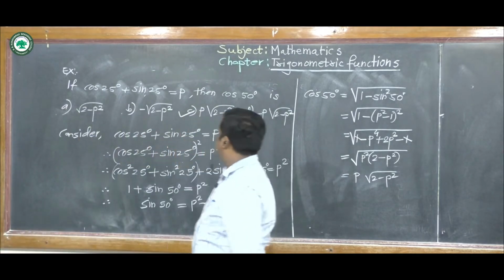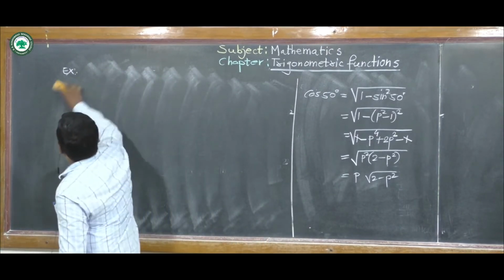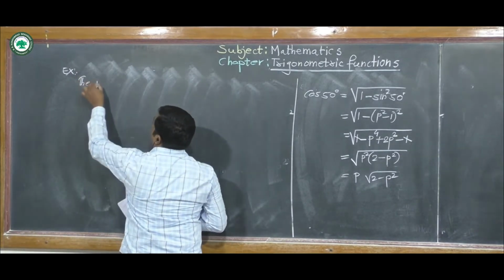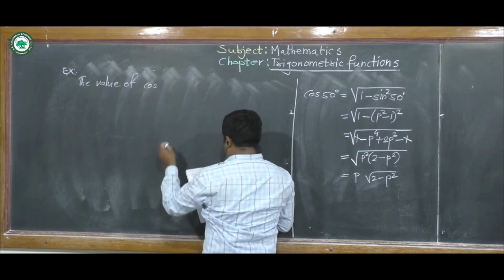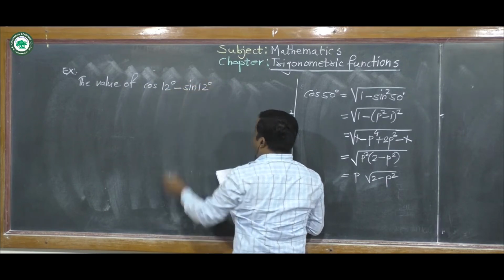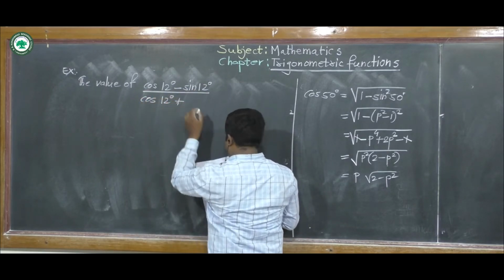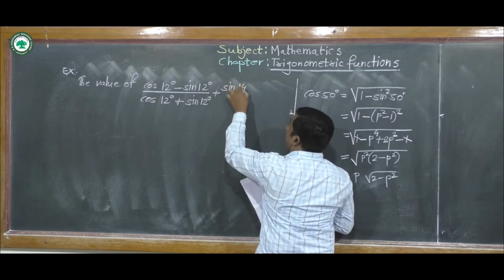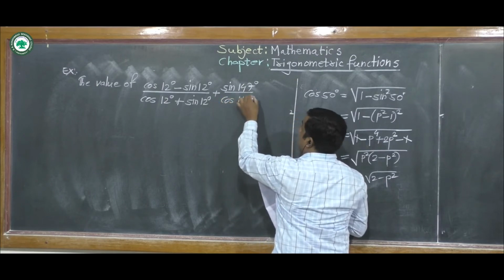In the next example, we have to find the value of cos of 12 degree minus sine of 12 degree, divided by cos of 12 degree plus sine of 12 degree, plus sine of 147 degree divided by cos of 147 degree.